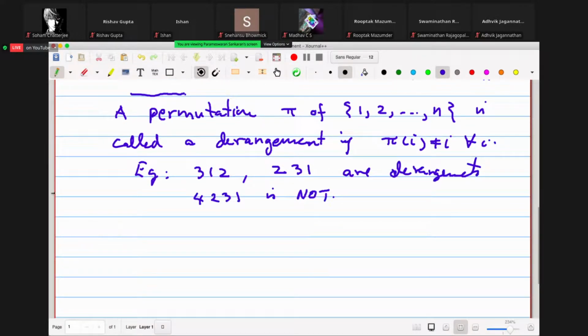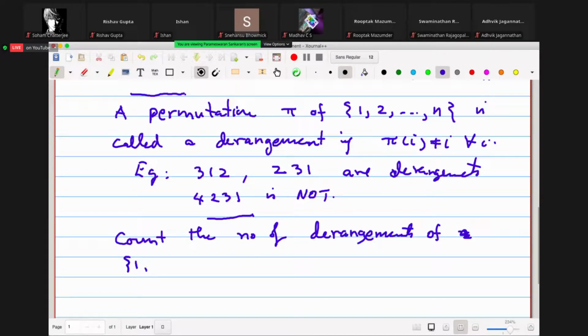Okay. So now the question is: count the number of derangements of n objects, derangements of 1 up to n.